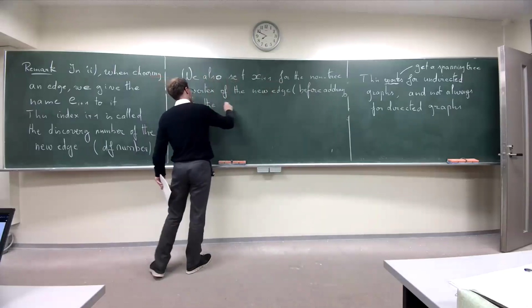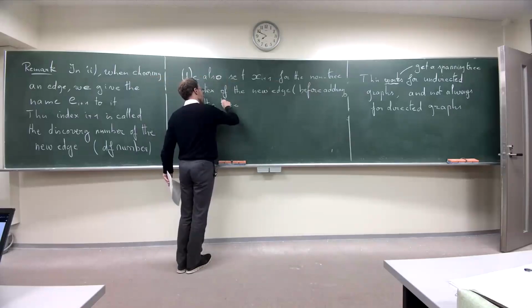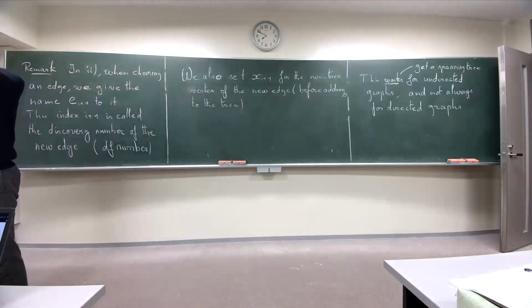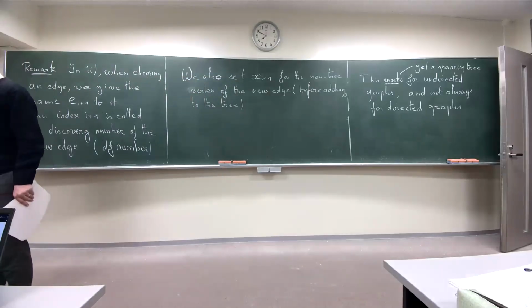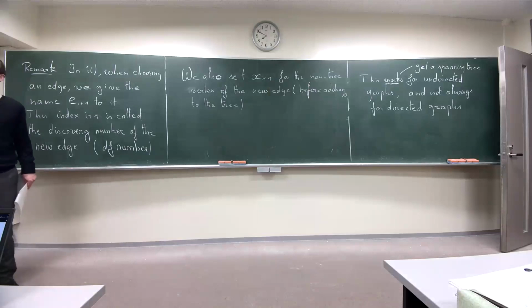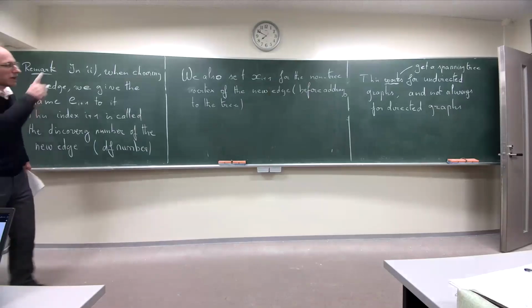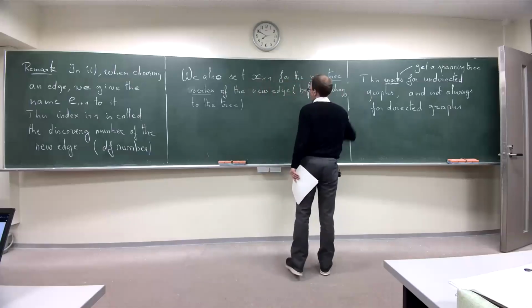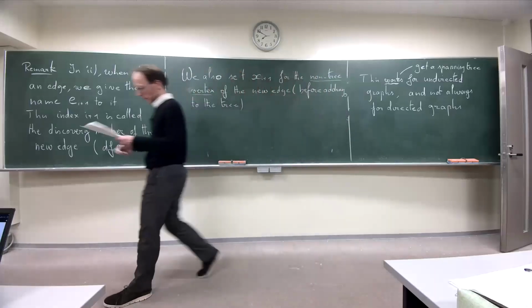Please think about this sentence. Once you have chosen the new edge, you call its endpoint, which is not in the tree yet, X i plus 1. Then once it is in the tree, you don't have any non-tree vertex. But just before you put it in the tree, you give a name to it.